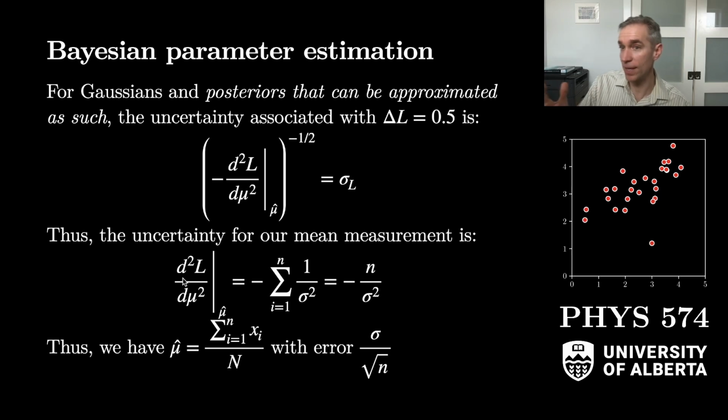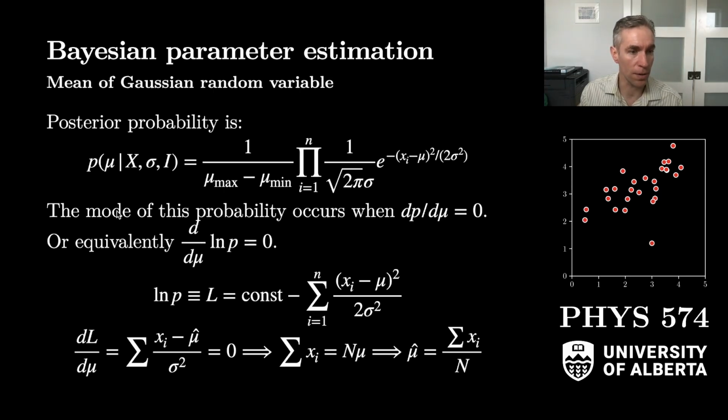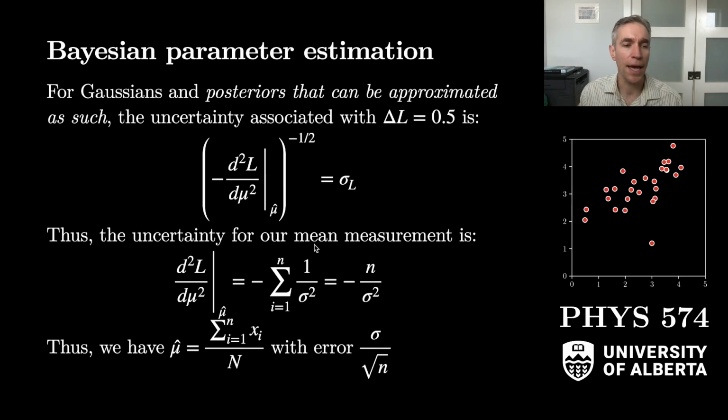If we go back to our log likelihood function and calculate the second derivative, evaluated at the estimated value of the mean, we determine that it is minus n over sigma squared.